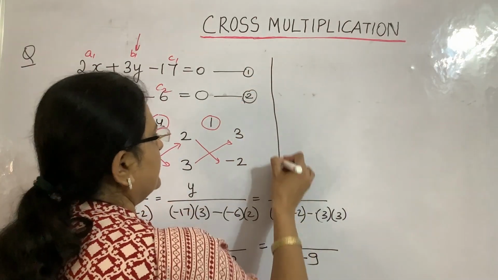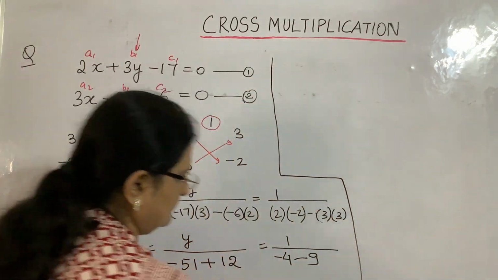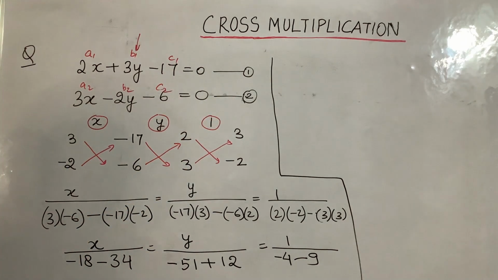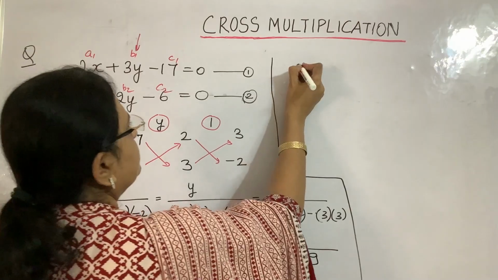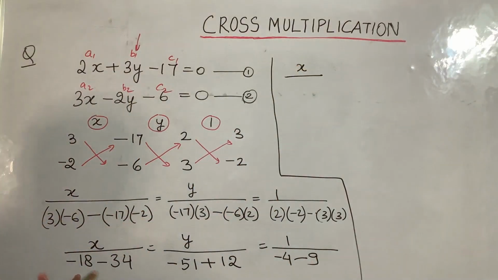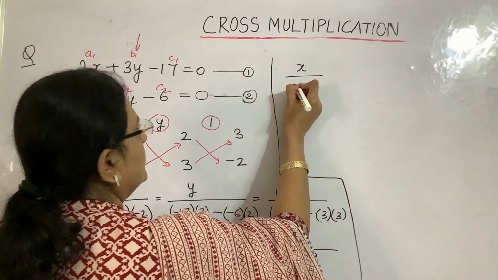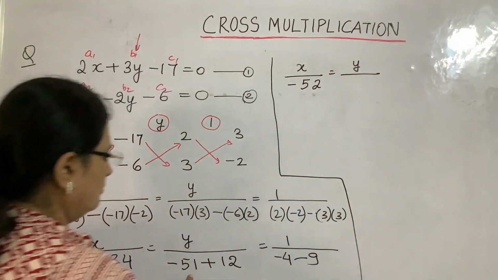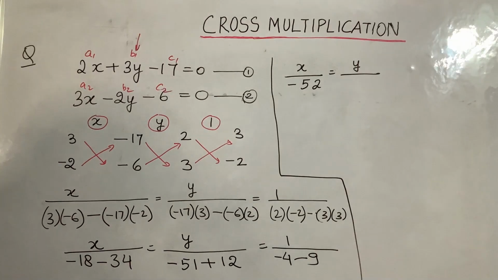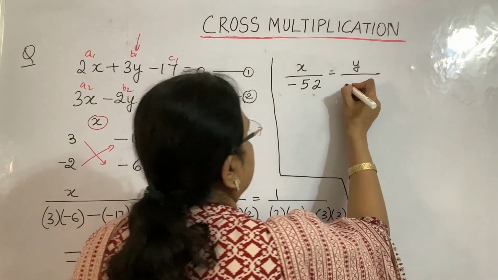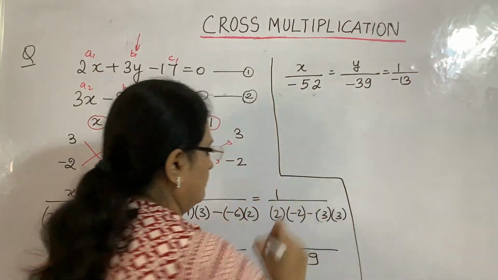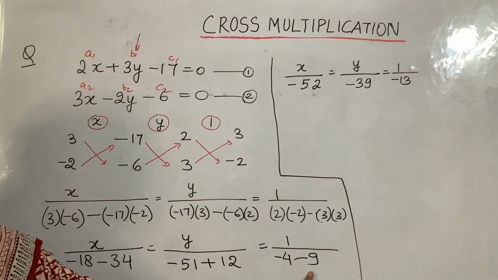Now we'll simplify it further. On further simplification, I don't have space over here, so let me write it down over there. So we get x upon, these are two negatives, so they will add up, minus 52, is equal to y upon, when you solve this, you get minus 39, is equal to 1 upon minus 13.